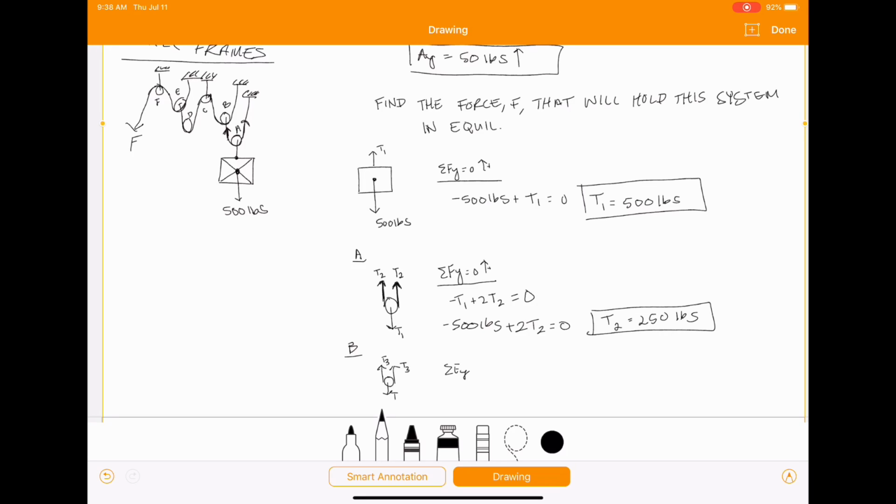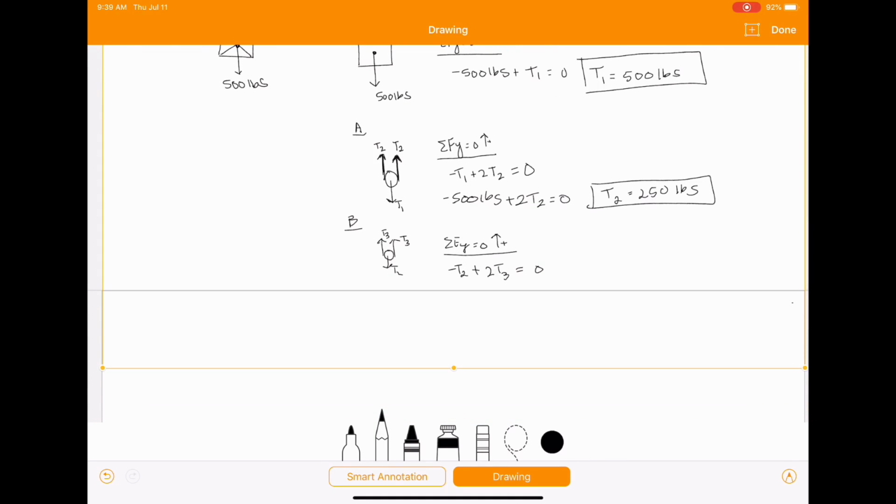Again, sum of forces Y. And we're going to get negative T2 plus 2T3 equals 0. But we know T2, so we can go ahead and plug that in. So we can solve for T3, and that's going to equal 125 pounds.